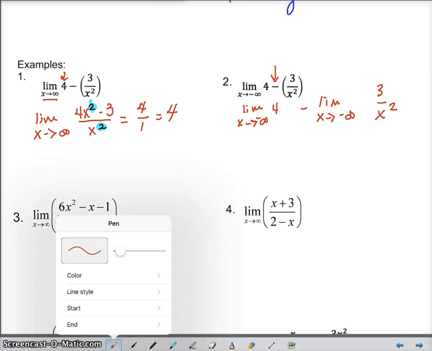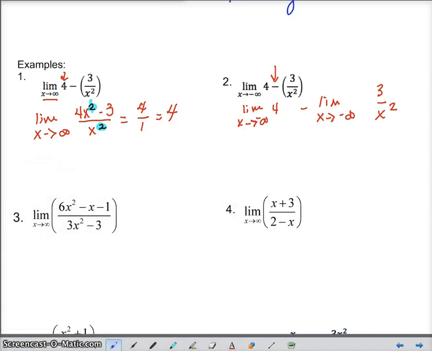So if I'm evaluating the limit of the first term, the limit as x approaches negative infinity for the function 4, this is 4 over 1. The degrees are equivalent. Therefore, my limit is the ratio of the leading coefficients, or 4 divided by 1 is 4. Minus, in the second function, the degree of the numerator is 0. The degree of the denominator is 2. This function is bottom heavy. Therefore, my limit is 0. And 4 minus 0 is 4.